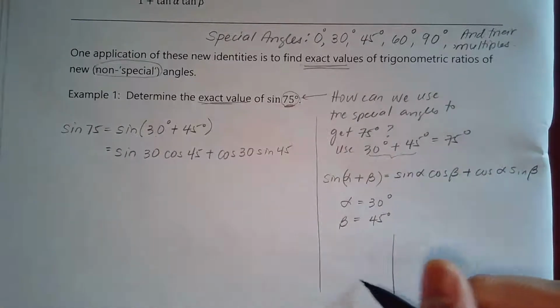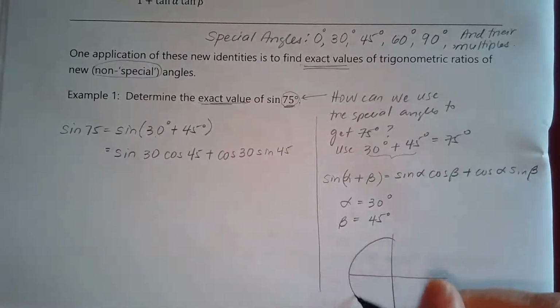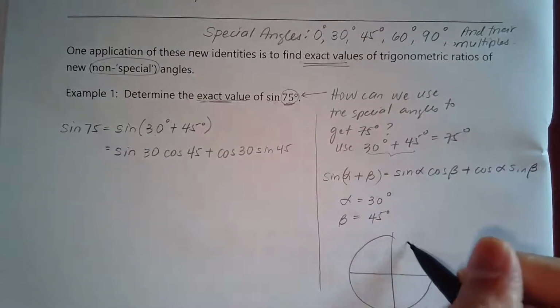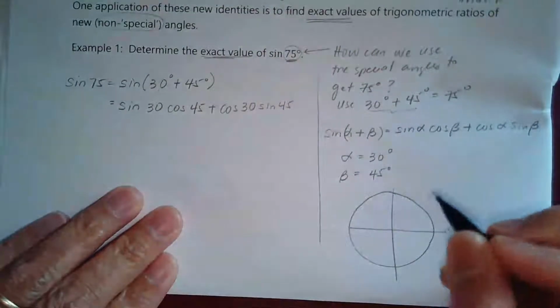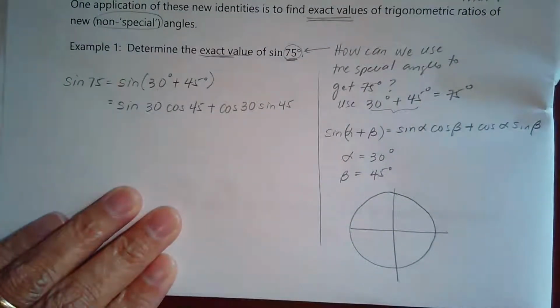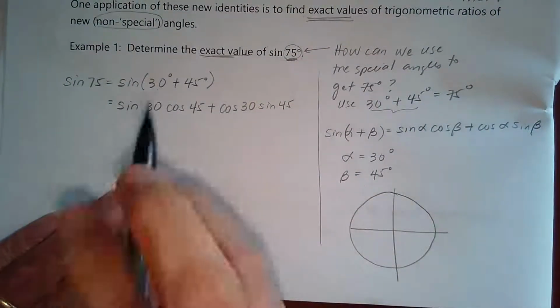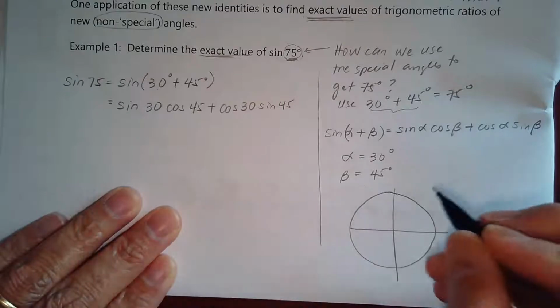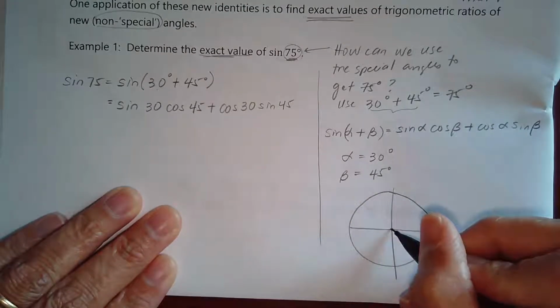So let's visualize our unit circle again. We're going to take a look at 30 degrees and 45 degrees. So 30 degrees would be right there.